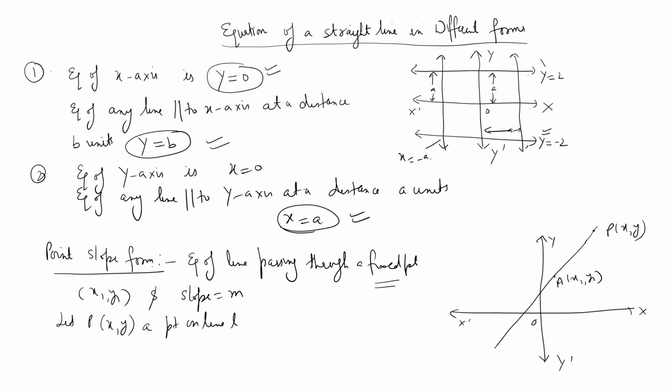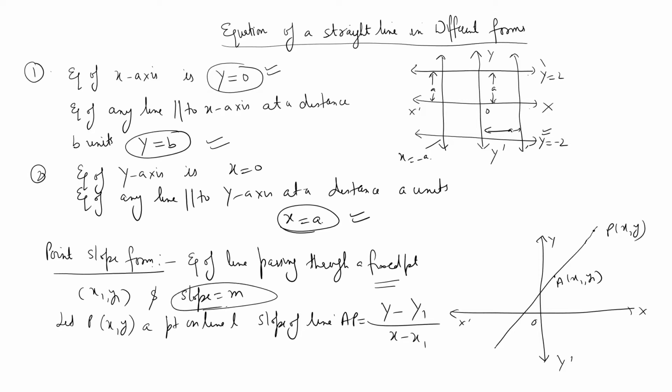Then anybody can tell me what is the slope of line AP using the two-point formula? Can I write it as y minus y1 upon x minus x1? Isn't it? Now slope is also given as m.